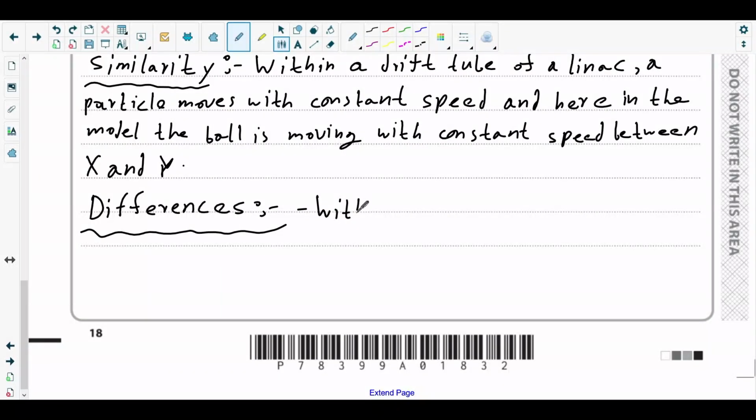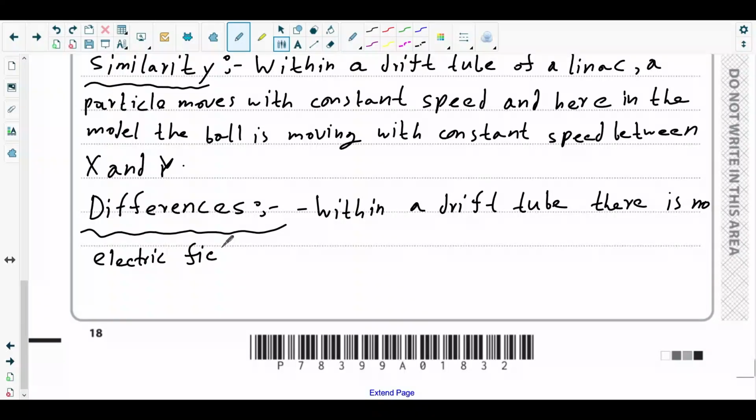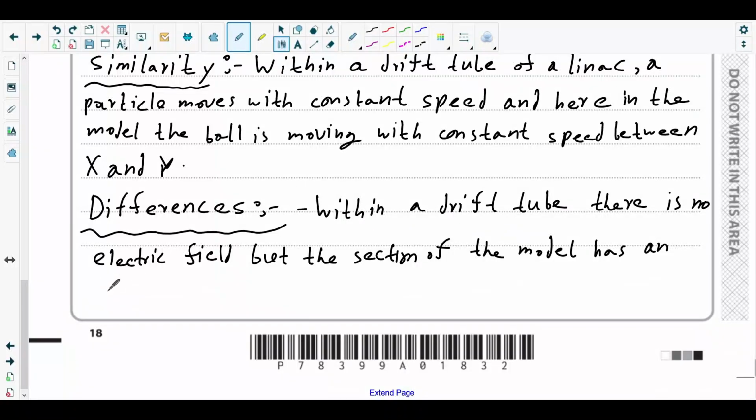The difference is that within a drift tube there is no electric field, but the section of the model has an electric field between x and y.